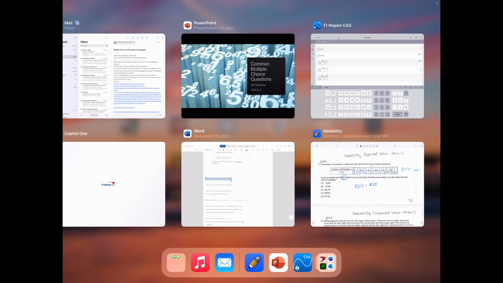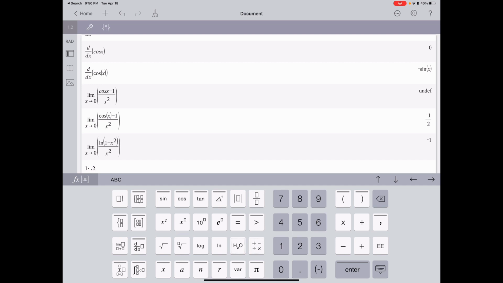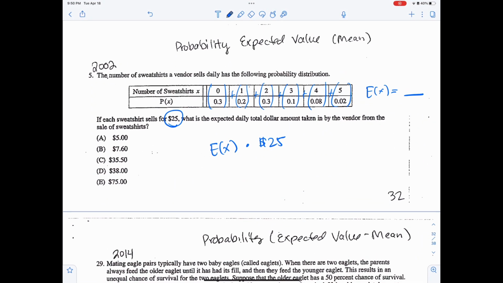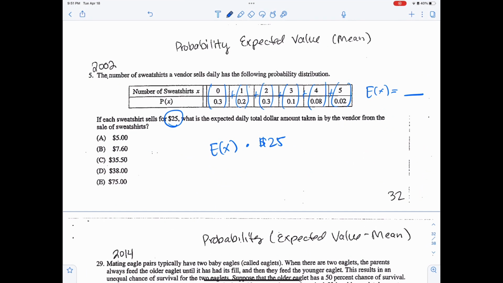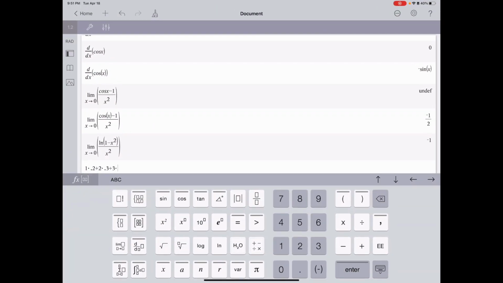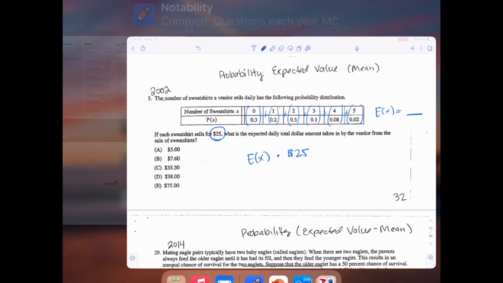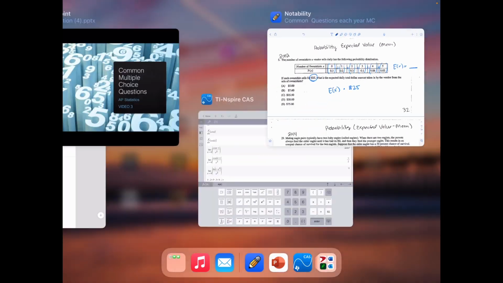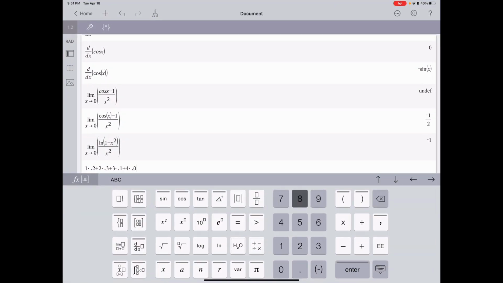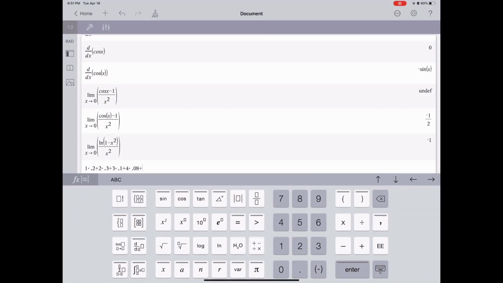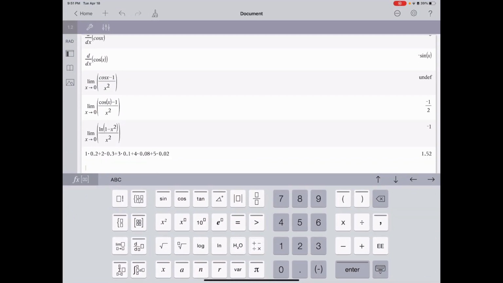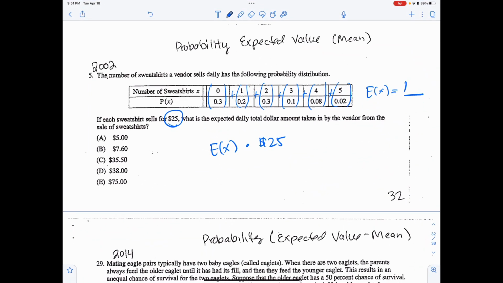And you have 0 times 0.3, which is 0, so I'm going to leave that. 1 times 0.2 plus 2 times 0.3 plus 3 times 0.1 plus 4 times 0.08 plus 5 times 0.02. And that's my expected value, so that's 1.52.